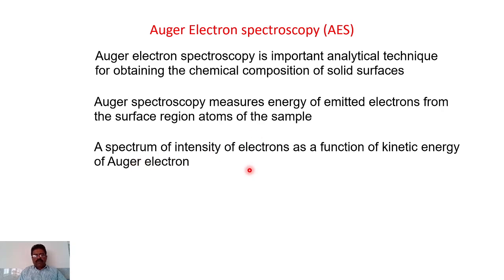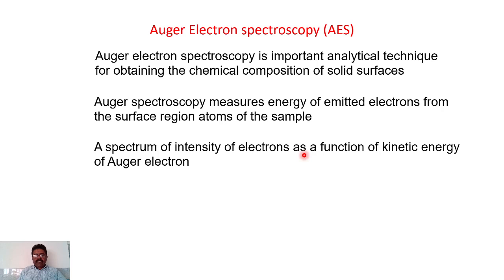So we get a spectrum of intensity of electron as a function of kinetic energy of the Auger electron. So Auger electron spectroscopy involves a spectra. Typically, the Auger electron spectra has two axes. It is simply a graph. Graph of what?